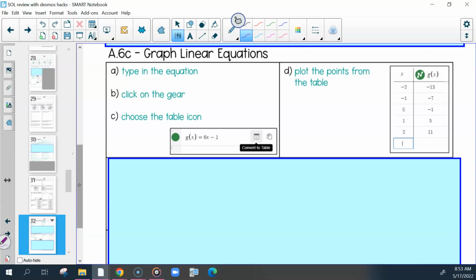D, plot the points from the table. So that's if you have to actually graph a line. But with those, you could also just start at your y-intercept and do your slope. So sometimes Desmos has more steps than you just doing it by hand. So you have to figure out which would be better.